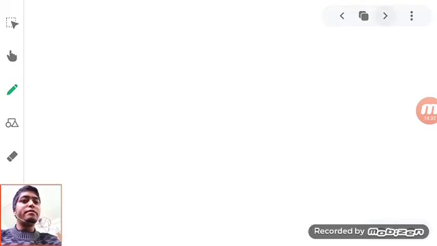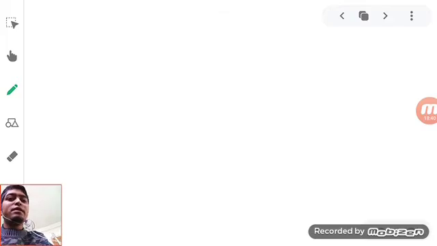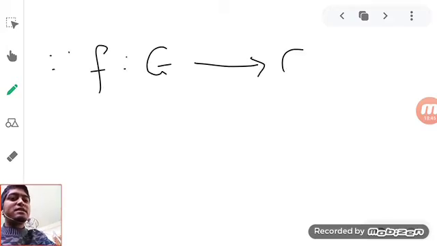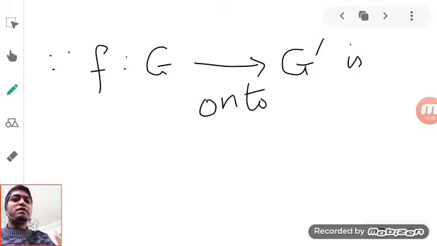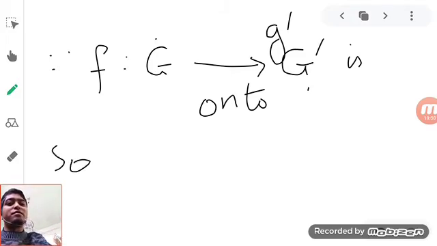So what will we do? We have not used that f is onto, so this is when we will use it. Since f from G to G dash is onto, and because g dash is an element of this big G dash, g dash has a pre-image under f because it is onto.